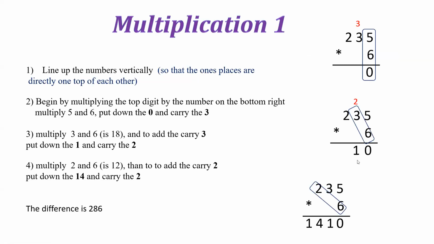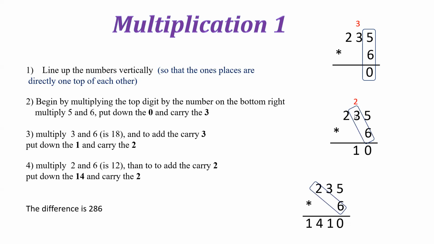So consider examples of multiplication of multi-digit numbers. For example, find the multiplication of numbers 235 and 6. Line up the numbers vertically, as you see in the picture. Starting by multiplying the top number by the bottom right digit, 5 and 6, it is 30, write 0 and carry the 3.